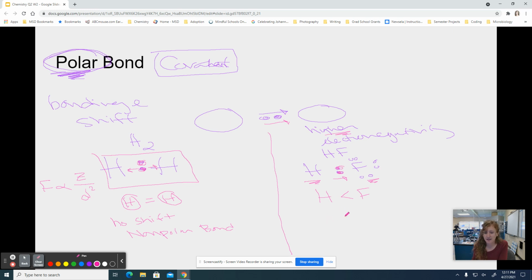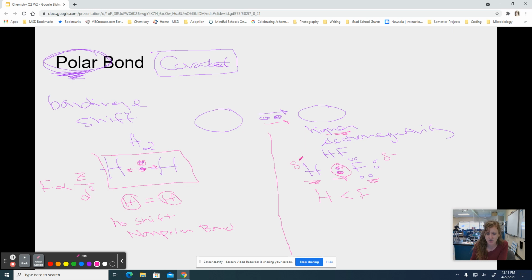And so what we get here is a fluorine that handles these bonding electrons for more time. Now, it doesn't take them. It's not an ionic bond. It just handles them for more time. And so fluorine actually gets a partial charge. So this is our symbol for partial. Fluorine's going to be partially negative.